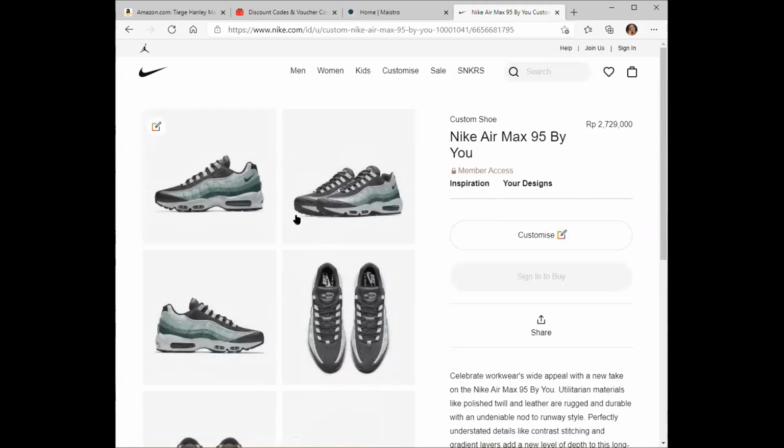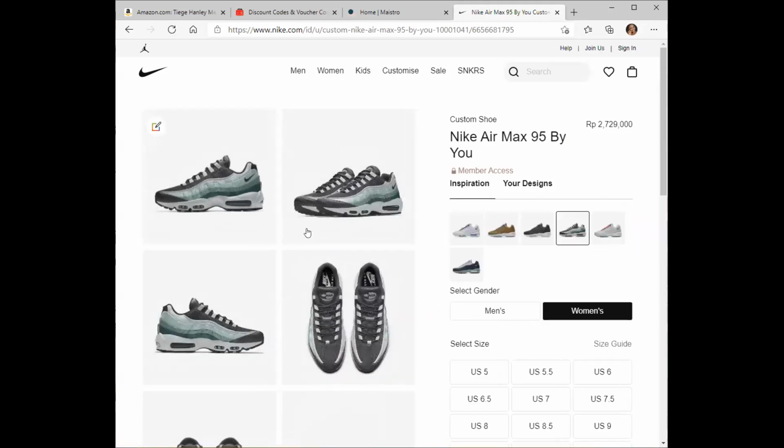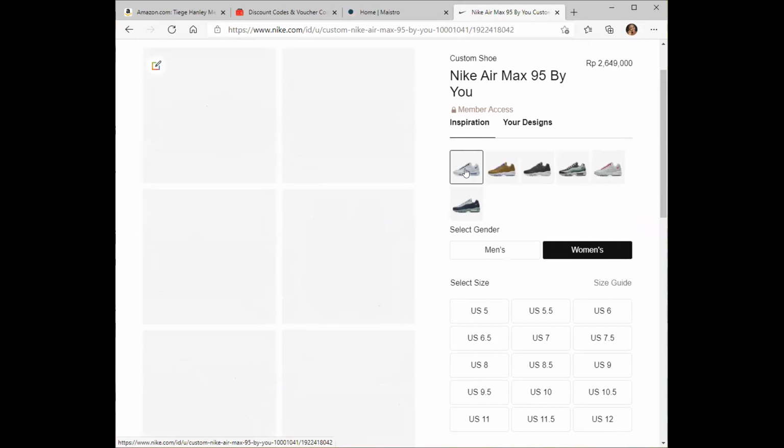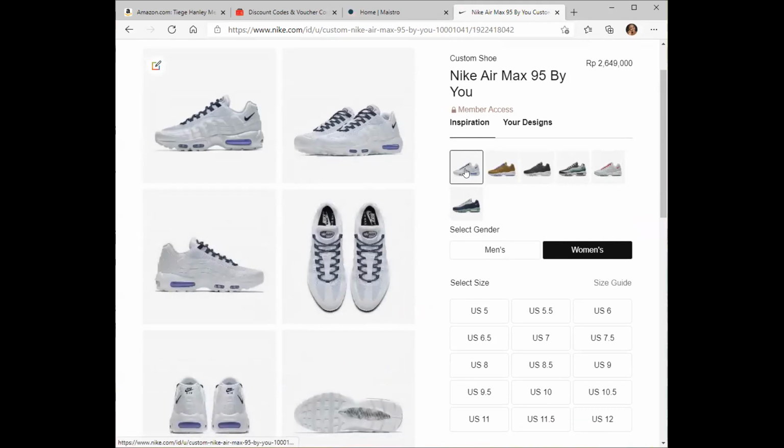Good. Now, when we click on it, you can see that it shows us the sneaker from different angles, right? And gives us various color options from which we can choose and start from. So the first option I've clicked on now is basically more of a blue and white color combination. And I think that's more of a blank canvas that we can start from. And then again, it asks us to select the gender, which we have already indicated we are going with women.